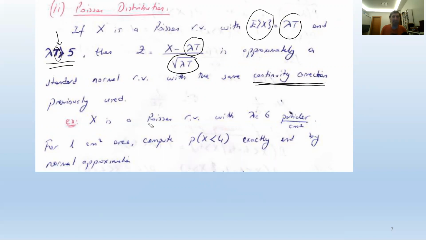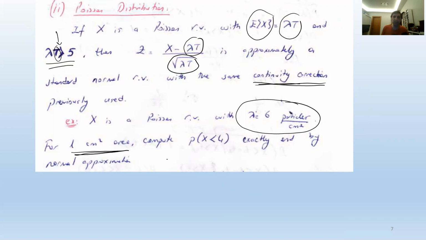As an example, let's say that x is a Poisson random variable with lambda value 6 particles per centimeter square. So per centimeter square, we can meet on average 6 particles. For a 1 centimeter square area, compute the probability of x being smaller than 4.